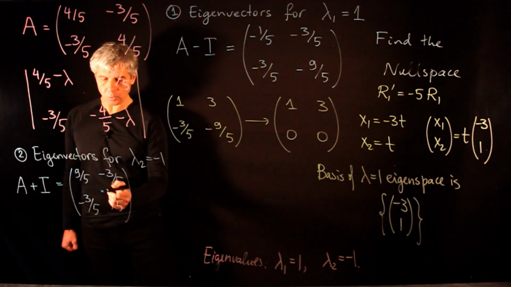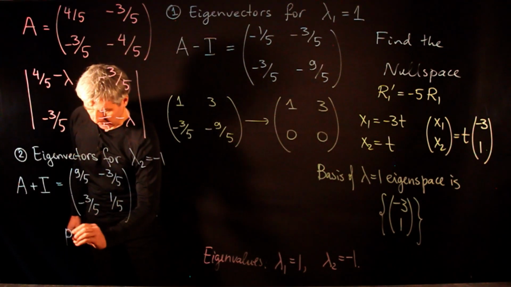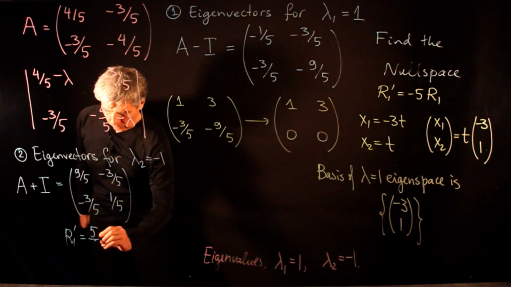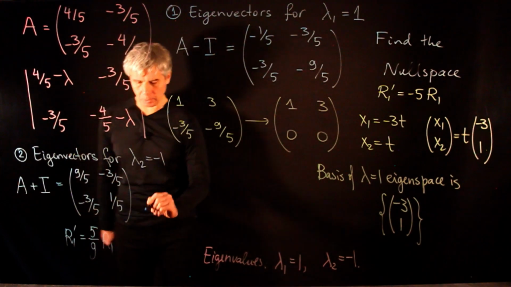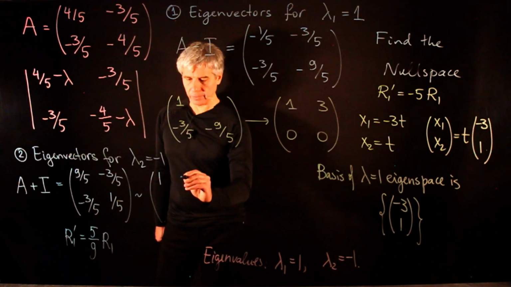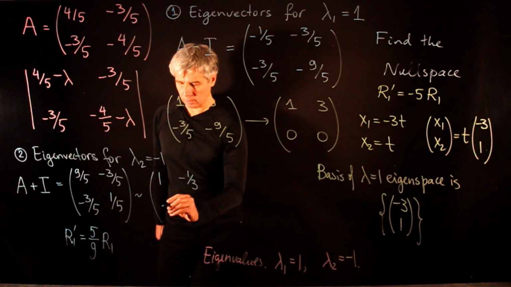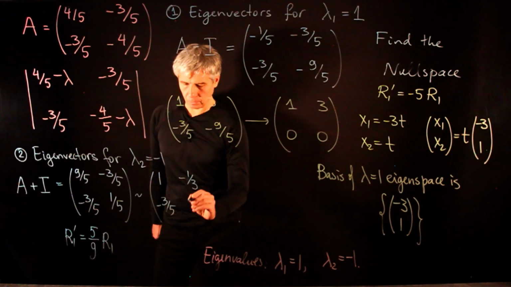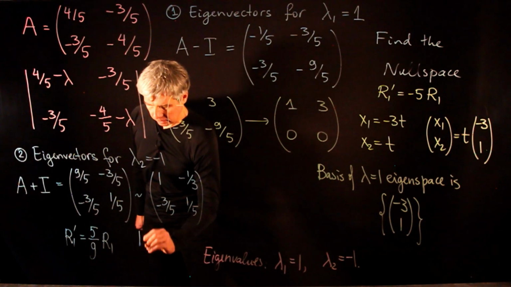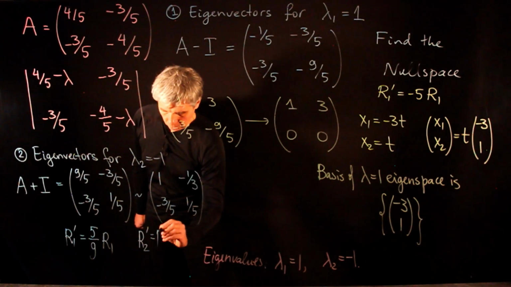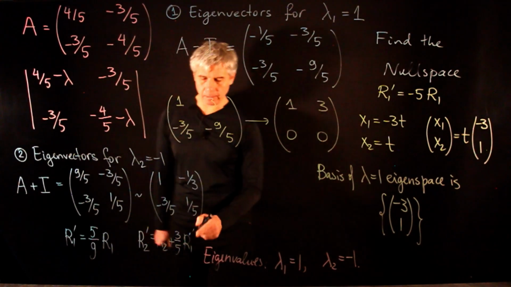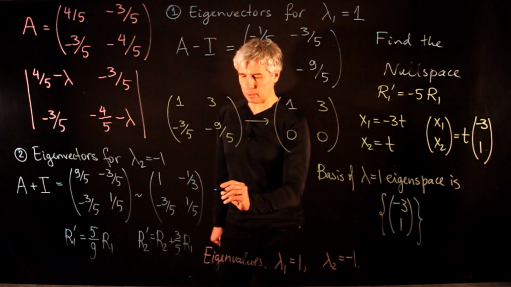So we do row reduction. Our first step is we say row 1 new is 5 over 9 times row 1, to create a pivot. So then this will become 1, negative 1/3, negative 3/5, 1/5. And then we say that new row 2 is row 2 plus 3/5 of row 1. And this will eliminate the second row.